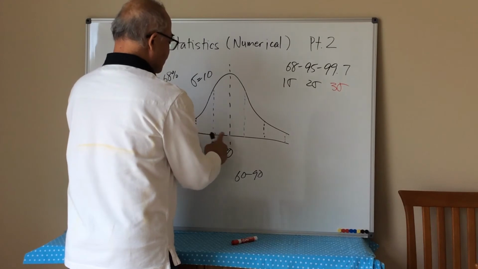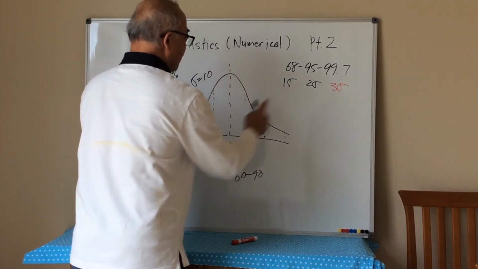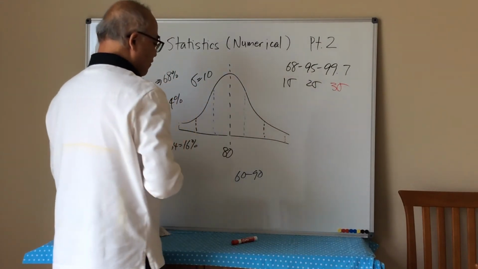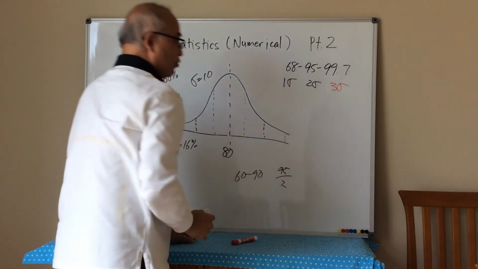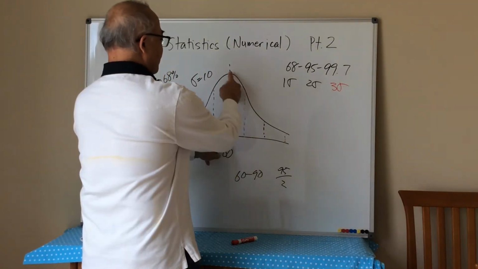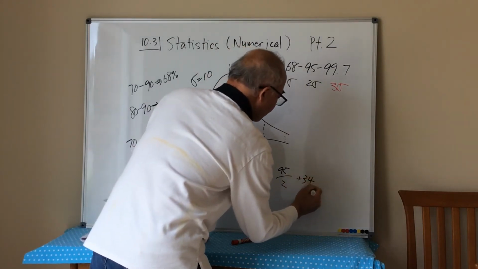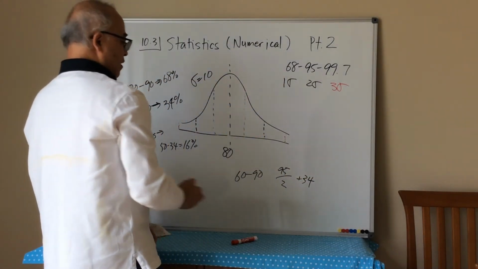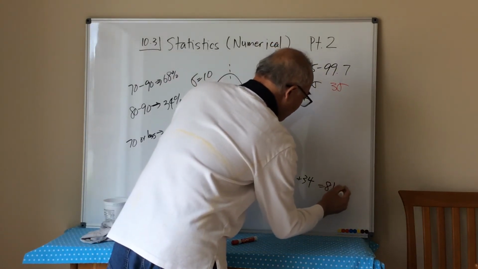But from here to here is half of the 95%, so it's going to be 95% divided by 2. Then from here to here, I have the 34%, right? So it's going to be 47.5 plus 34, so it's 81.5%.